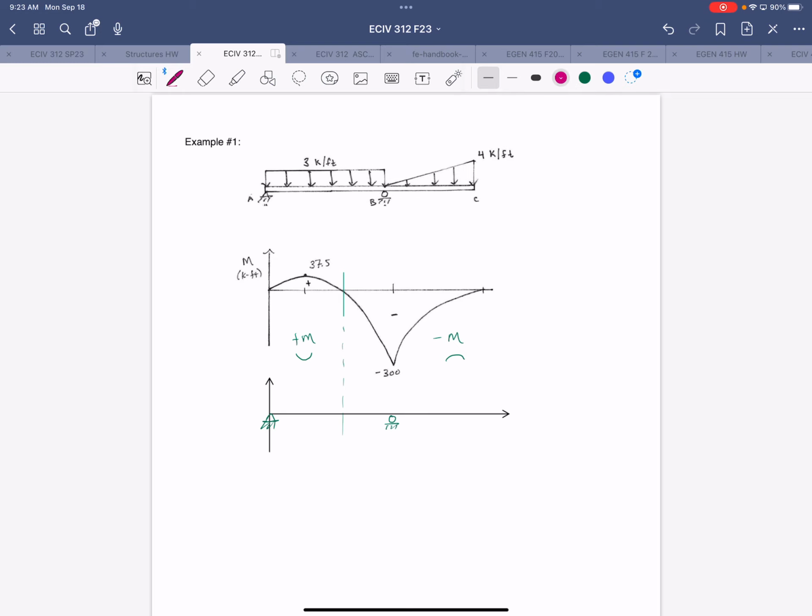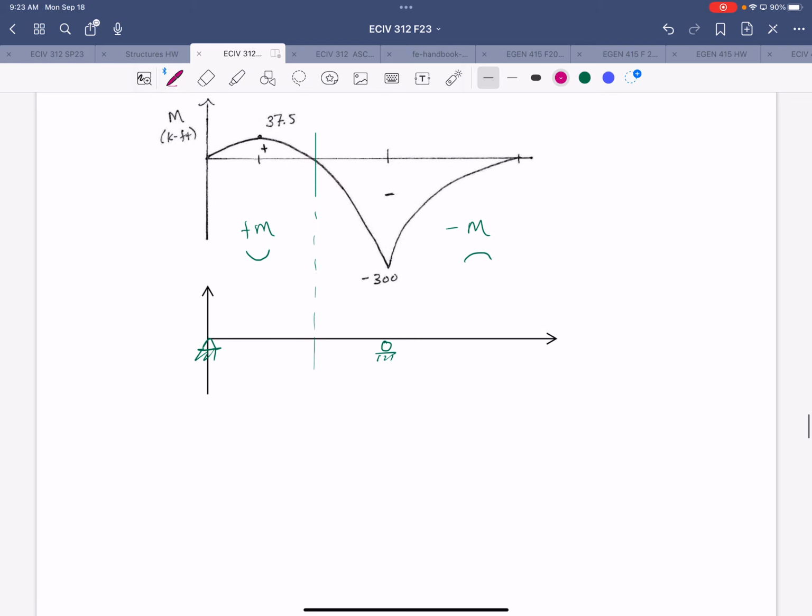And so we can go ahead and sketch the deflected shape with that information. We know it has to be 0 at the supports. And then for concave up, to start off, it has to deflect downward in order to be concave up and maintain the support condition at A. At this dashed line where the moment changes from positive to negative, the elastic curve will change from concave up to concave down.